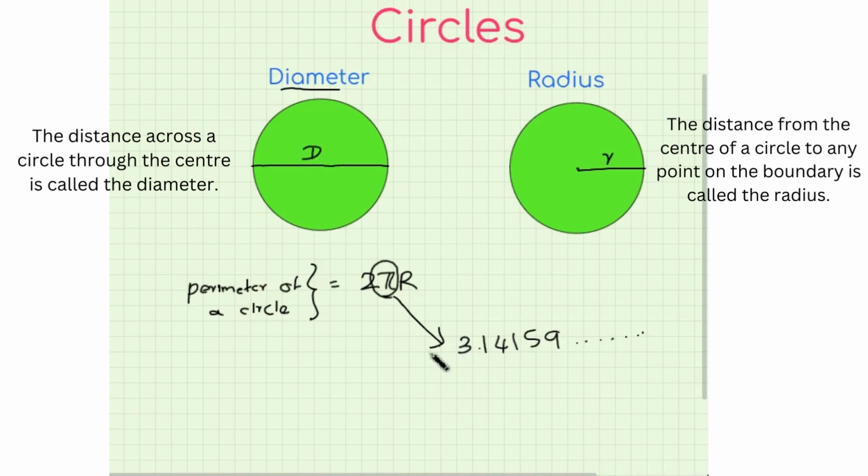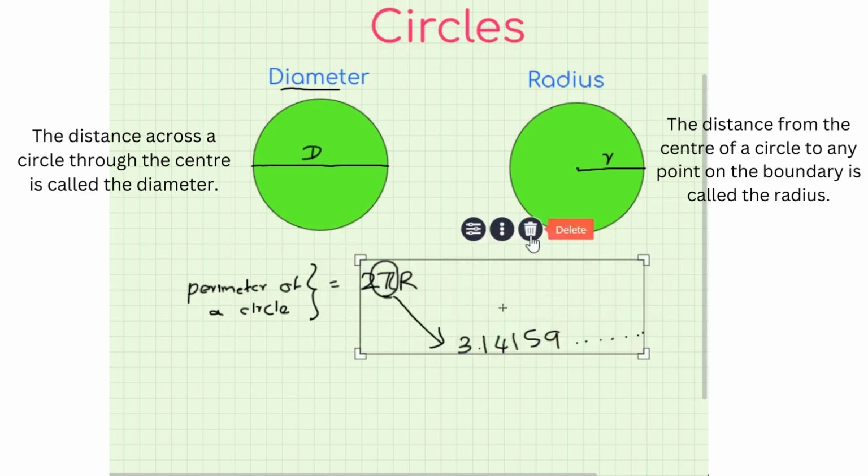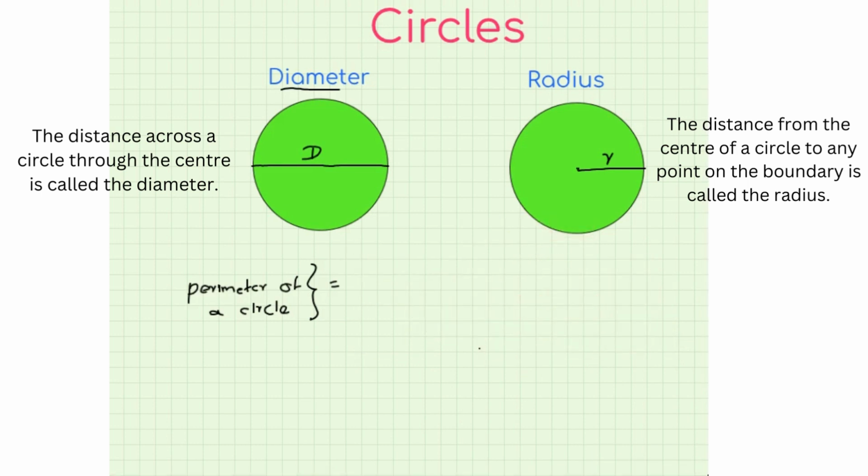So if you use a calculator, you can use the pi sign and just get the answers. Or if you are doing it manually when you are doing questions, you can just do 3.14, unless you understand more when we do a couple more questions. Okay, so the formula to find the perimeter of a circle is 2 pi r.